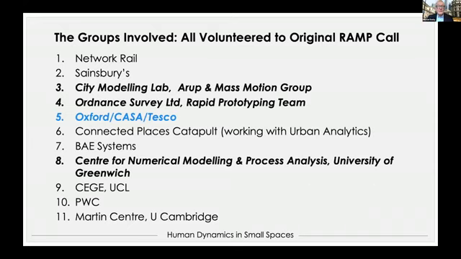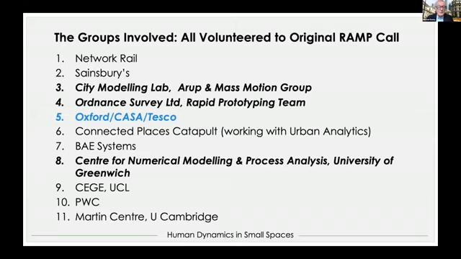You've seen the work from Fred and Jerry, from Arup, the EpiSim, TransSim type, the NatSim type model. Ordnance Survey, again a similar model, will be talked about tomorrow. And we'll be kicking off with the Oxford Tesco model in a moment.